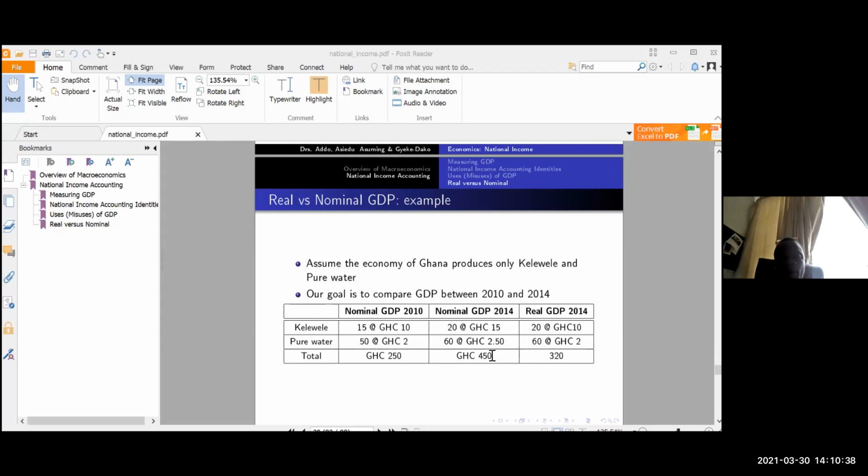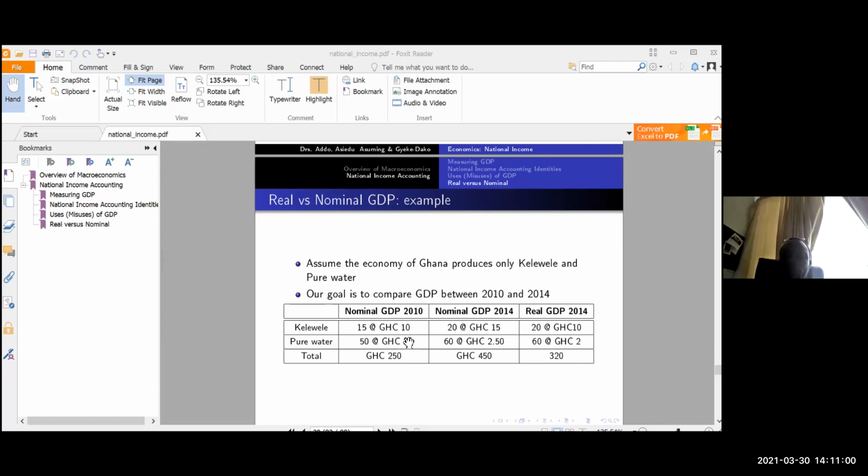What is the real GDP for 2014? Keeping 2010 as the base year, you take the output that you produce in 2014, but instead of selling it at 2014 prices, you sell it at the base year price, the 2010 prices, for comparison.